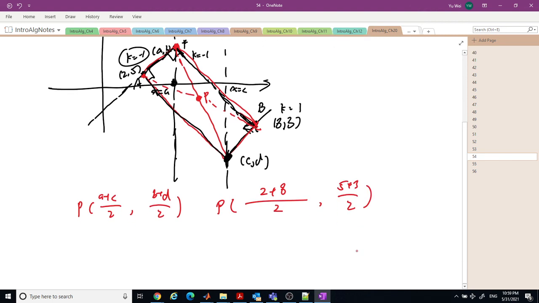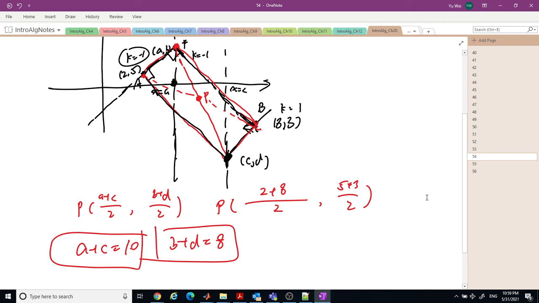Now you can see A plus C equals 10, B plus D equals 8. Fully utilize your geometry. If you use the geometry, it's much faster, but if you want to calculate it, it takes time.